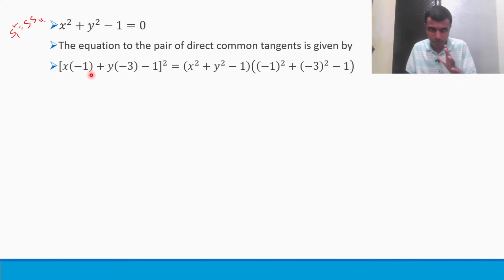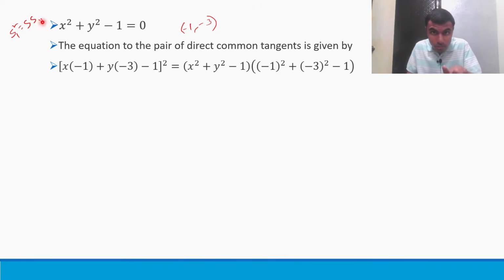Listen carefully. What I told: S1 square equal to S into S11. S1 is nothing but, in place of x square I'll get xx1. My external point is minus 1 comma minus 3. So xx1 plus yy1 minus 1, that means x into minus 1 plus y into minus 3, and this minus 1, the whole square, equal to S, the circle as it is, x square plus y square minus 1, into S11.